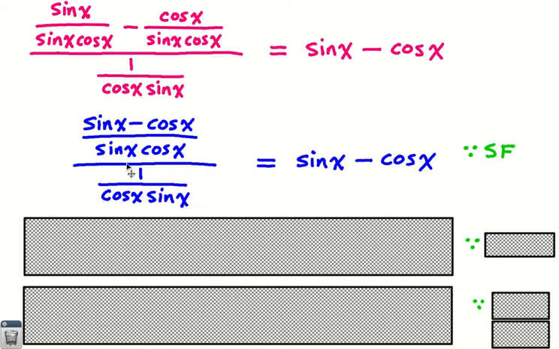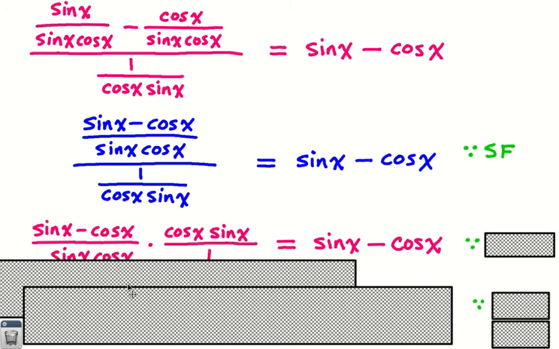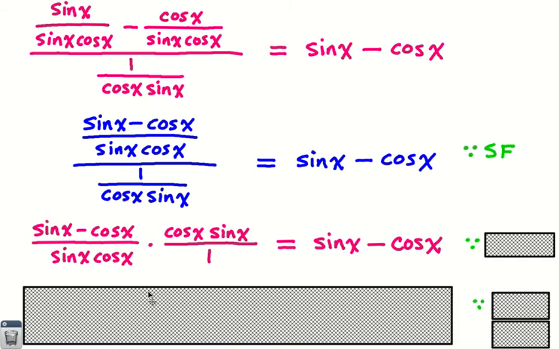And now that we're here, we have one fraction divided by one fraction. And I told you, I called this like 10 minutes ago, that in order to divide by a fraction, we multiply by its reciprocal. So here's the code. If we ever need to divide by a fraction, we just multiply by its reciprocal.